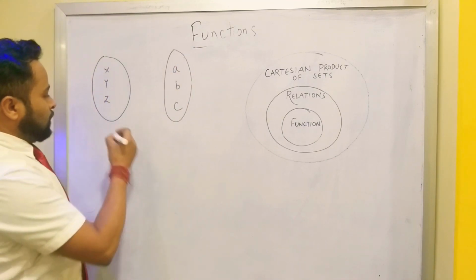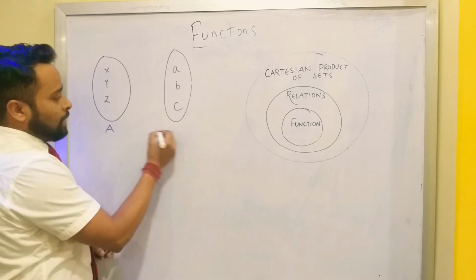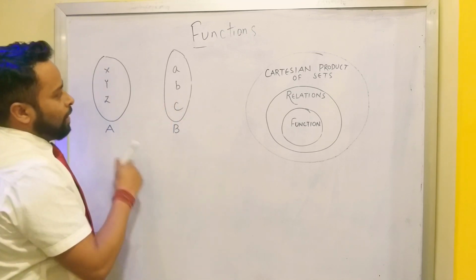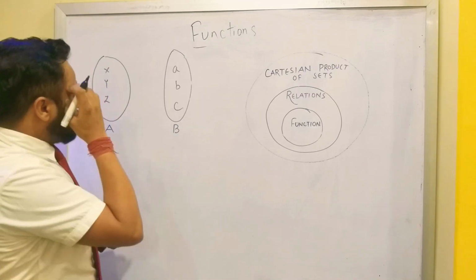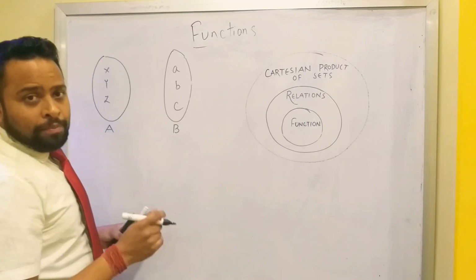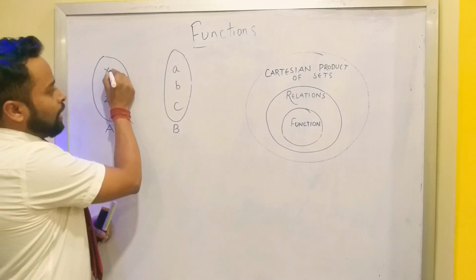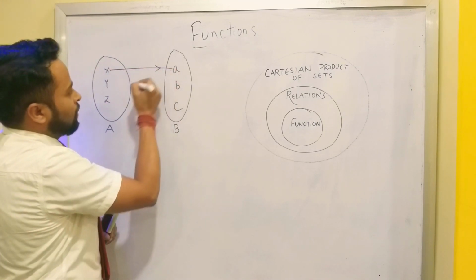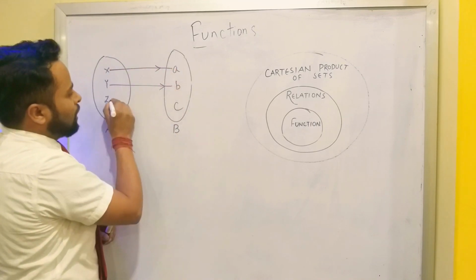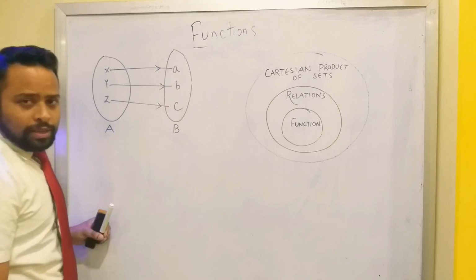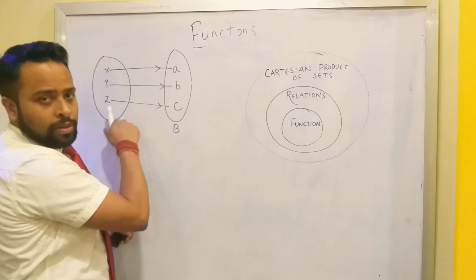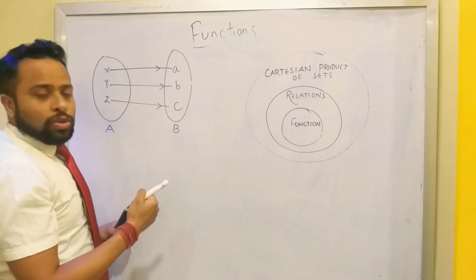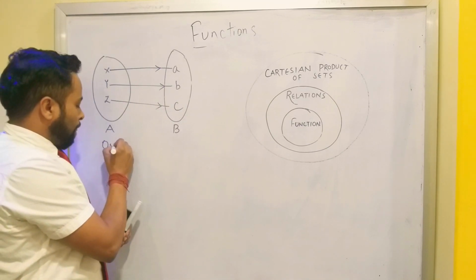The Cartesian product of sets we can do as A cross B, but right now I am making a relation among them. X is related to a, Y related to b, and Z related to c. Then you can see that there is 1-1 correspondence. This kind of relation is called a 1-1 relation.